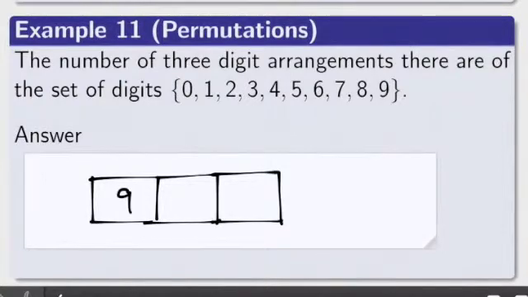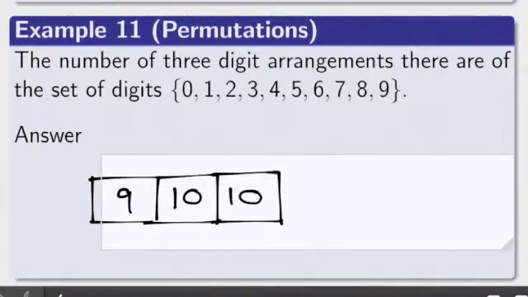Now once we've chosen that, for the second box, we are allowed to repeat the digits, so we can choose any one of the 10 digits for this box, so we have a choice of 10. Same with this, we are allowed to repeat the digits, so we have a choice of 10 for the third box. So the number of permutations is just 9 times 10 squared.